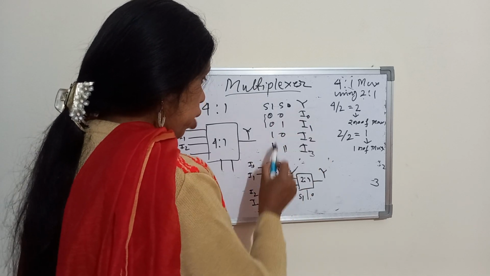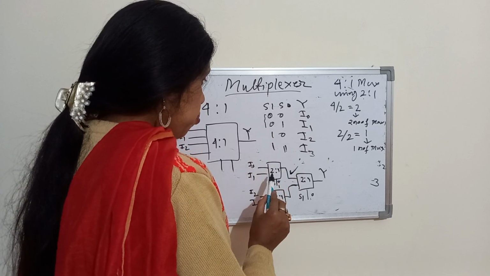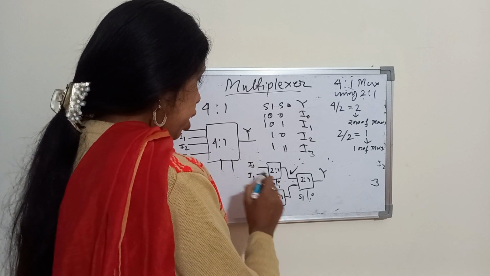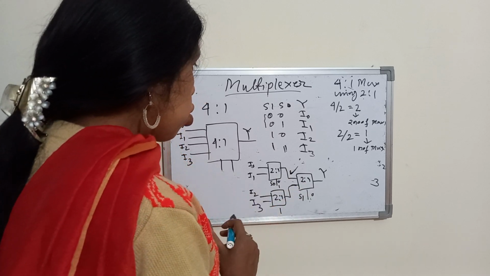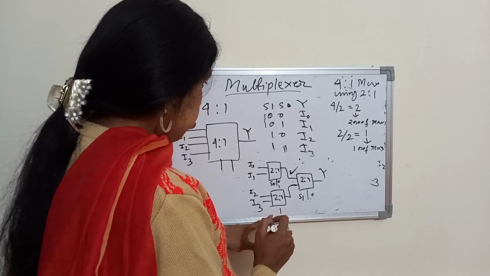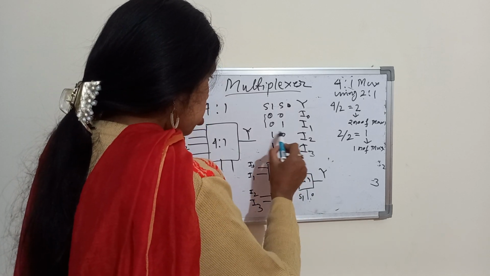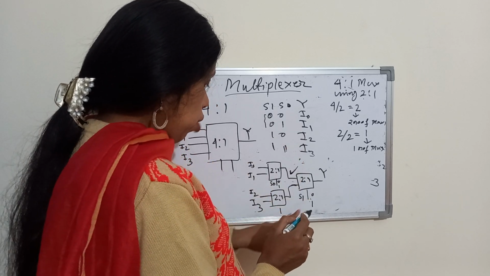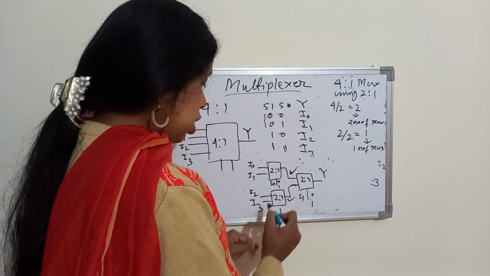If my S0 is 1, and this is also already 0, then I1 will be selected. Okay, got it? So now if S1 is 1, this will be selected.